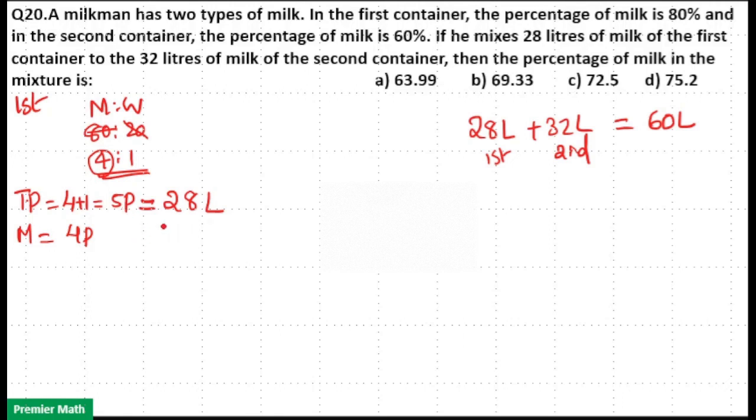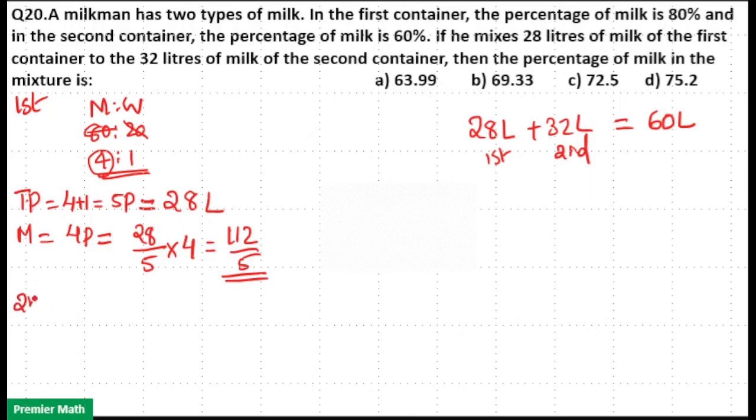That means 1 part is equal to 28 by 5. Then milk in the 28 liters is 4 parts, that is 28 by 5 into 4, which is 112 divided by 5.